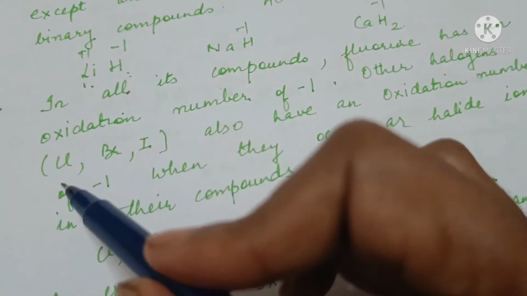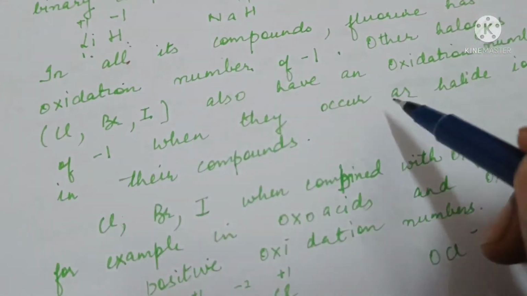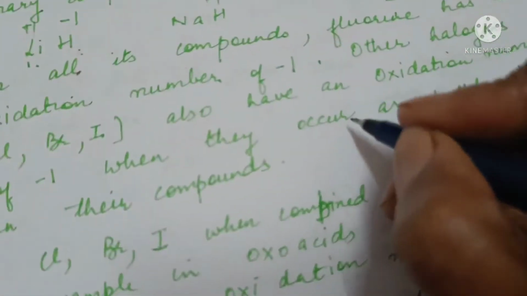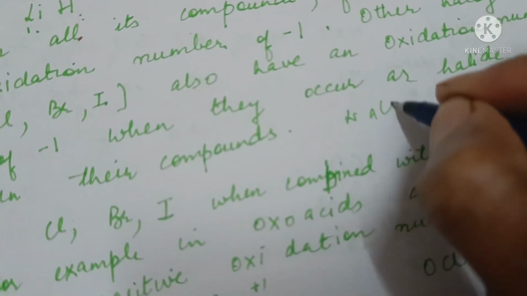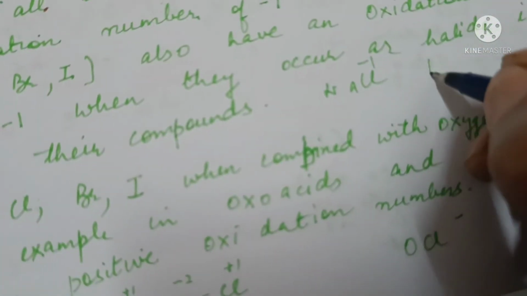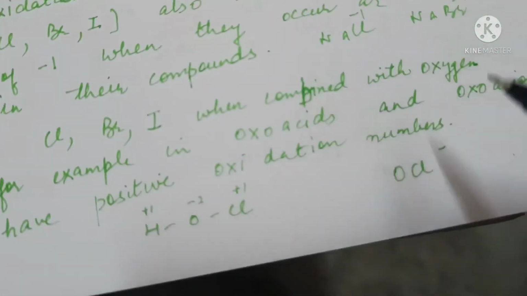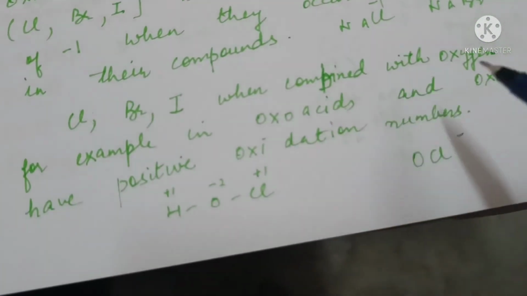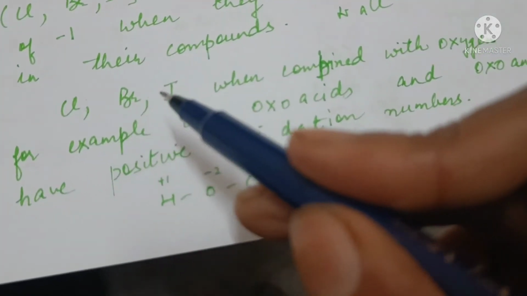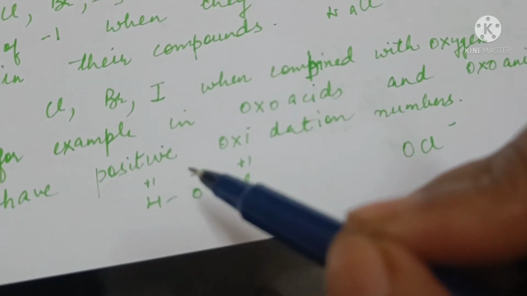Other halogens, chlorine, bromine, iodine, also have an oxidation number of -1 when they occur as halides. For example, NaCl, sodium chloride, it's -1. NaBr, it's -1 for bromine. But when in combination with oxygen, chlorine, bromine, iodine can have a positive oxidation state also.